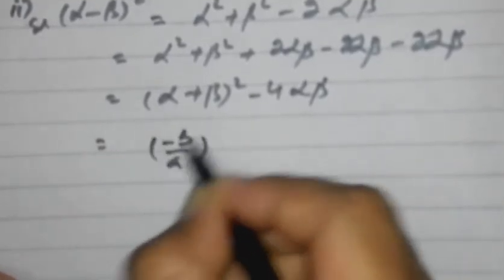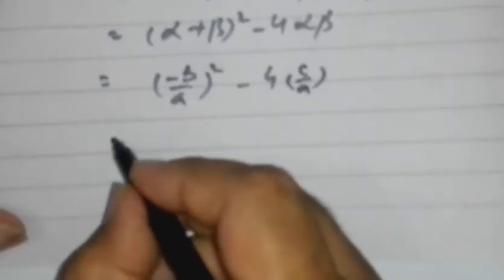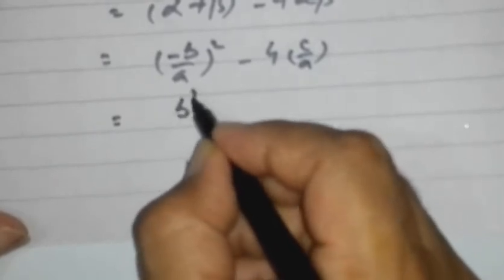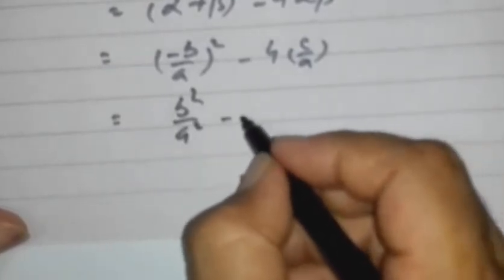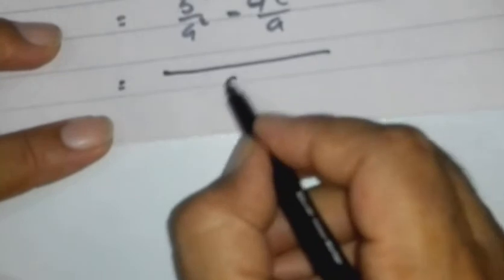So sum of roots equals minus b by a, and product of roots equals c by a. So here we get b square by a square minus 4c divided by a. Take a square as the LCM. We get b square minus 4ac, the answer. A into a gives a square, so multiply that a with the 4c, which is the answer.